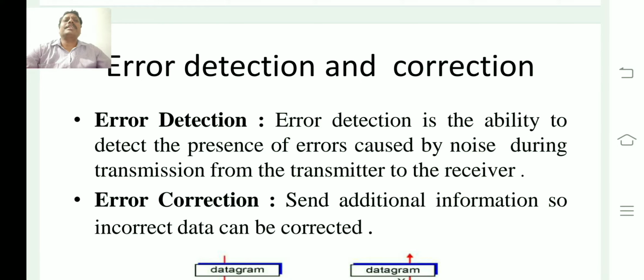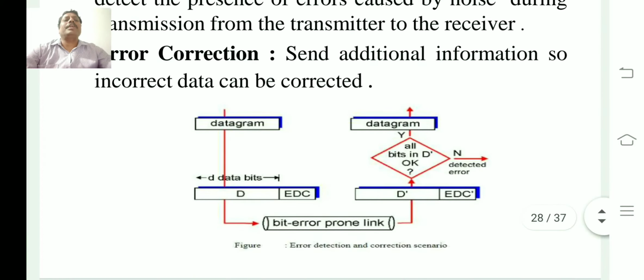Error correction may be done by sending additional information so that incorrect data can be recovered. Along with data, some more bits are sent, called error detection bits. Once an error is detected, correction can be done by retransmitting the data from the source. Let us see how.